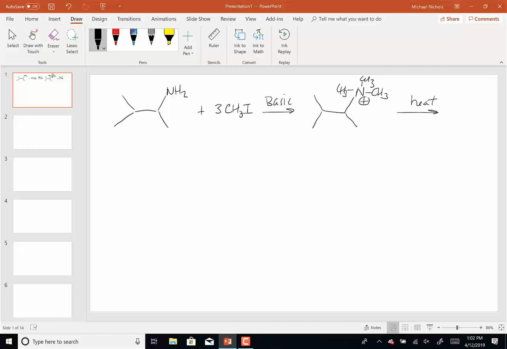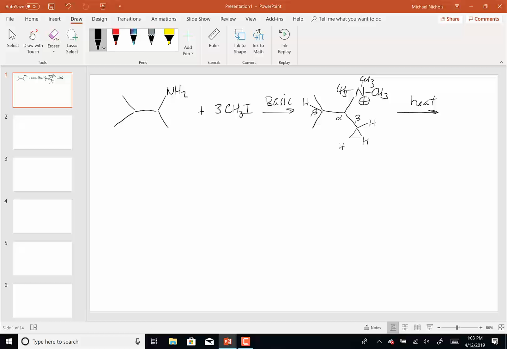Okay, so the issue is, since this is the alpha carbon, here's a beta carbon with a hydrogen, and then there are 3 hydrogens on this beta carbon. And so the mechanism is such that the carbon with the most beta hydrogens is what's going to lose.